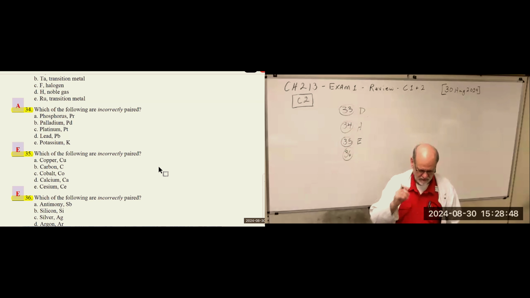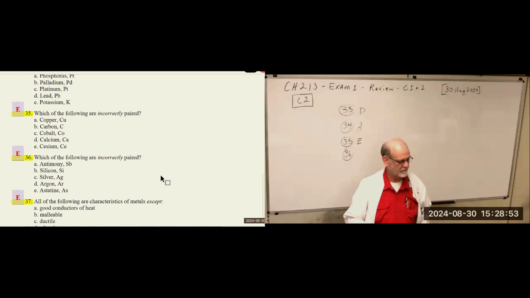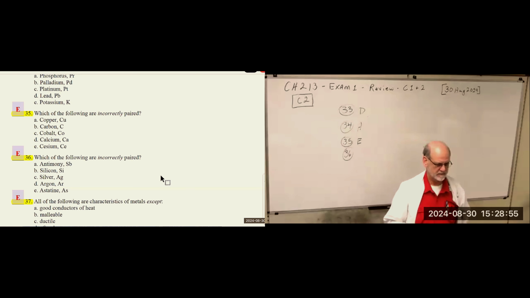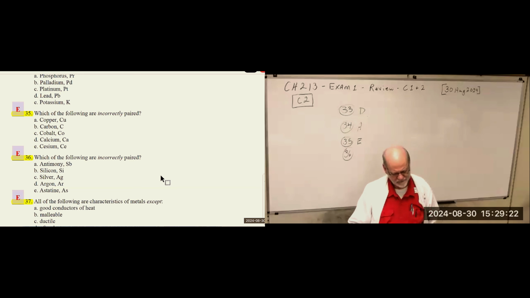How about 36? Antimony is Sb, yep. Sb stands for stibium. That's antimony. Si is silicon, yep. Silver is Ag, argentum. Arsenic is As. Astatine is At. It's a halogen. I think it's radioactive too. Yeah, astatine is radioactive.